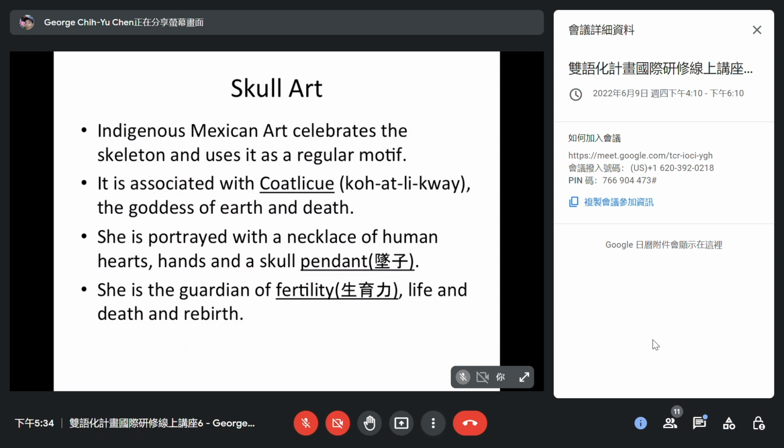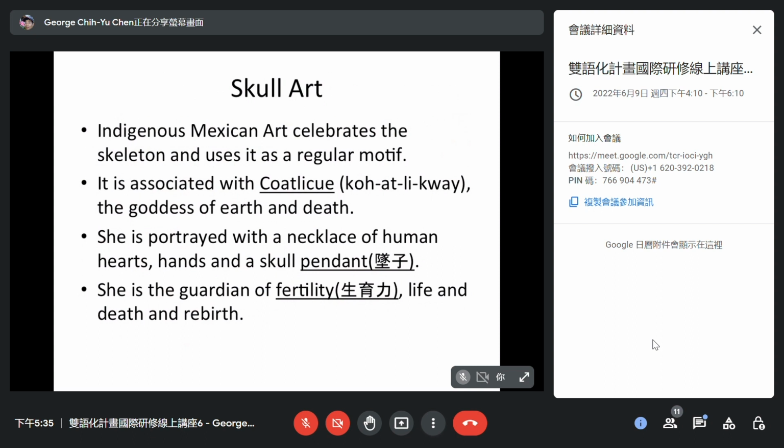她是个地球和死亡的女神。It is portrayed. Portray means 描绘。用什么描绘呢？With a necklace of human hearts, hands, and a skull pendant.